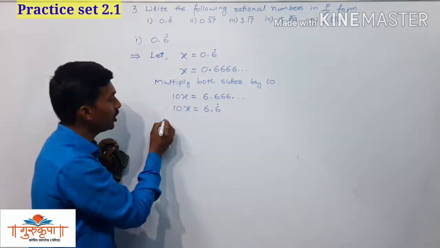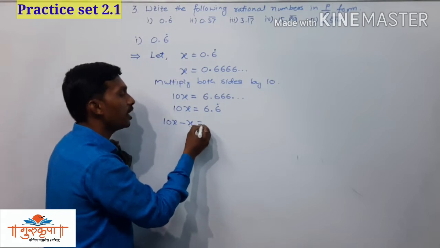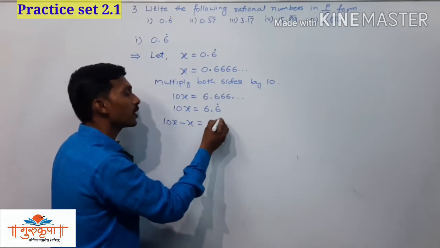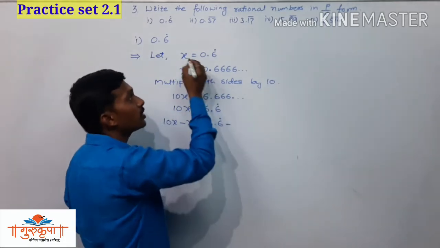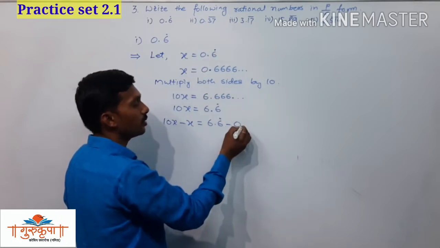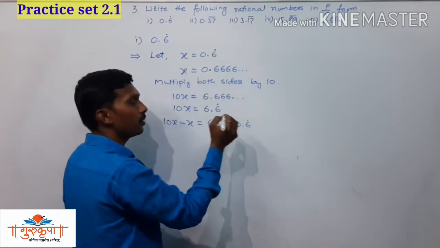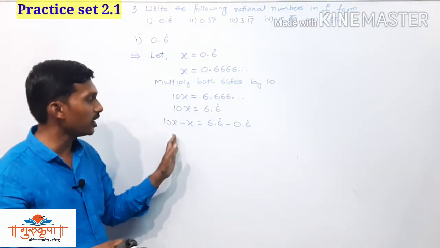So from the left side, we have to subtract x, and from the right side also we have to subtract x. But in place of x, we are writing this number 0 point recurring 6. We can subtract the same number from LHS and RHS.